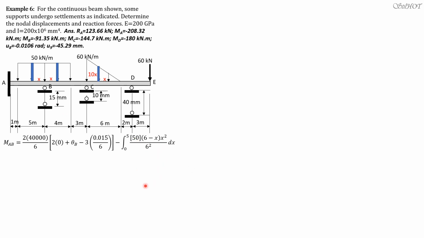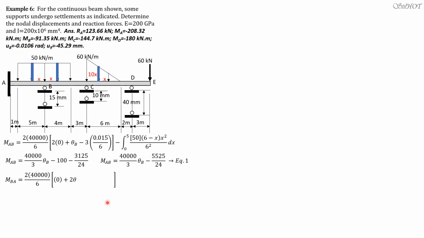So simplifying, we have moment AB equals 40,000 over 3 theta B minus 100, this value here is the second term, then minus the value of the integral, 3125 over 24. Simplifying, moment AB is 40,000 over 3 theta B minus 5525 over 24. Call that equation 1. Moment BA, on the other hand, is 2 times 40,000 over 6 times 0 plus 2 times theta B minus 3 times 0.015 over 6, plus the integral of 50 times 6 minus x squared x over 6 squared dx.